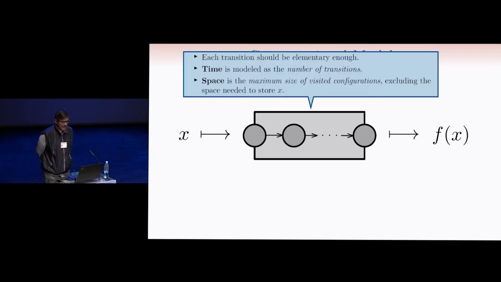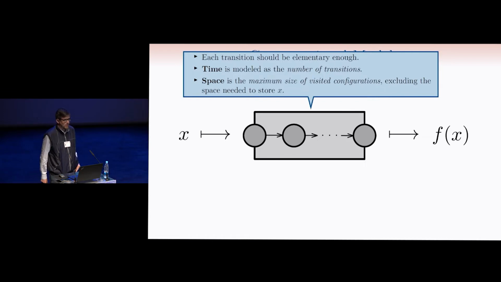And you would like this automaton to be such that each transition is elementary enough. It's not only effective, but it can be implemented, let's say, in constant time or with very low time complexity. And if you do that, you can arguably say that your computational model induces a notion of time and also a notion of space.